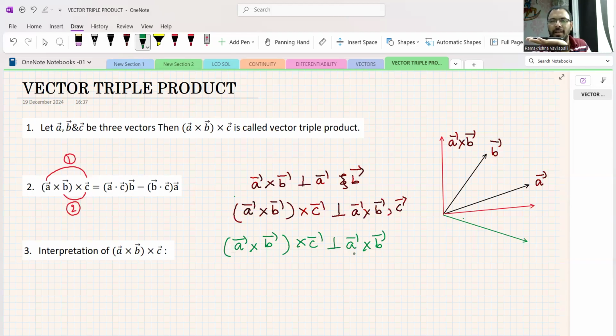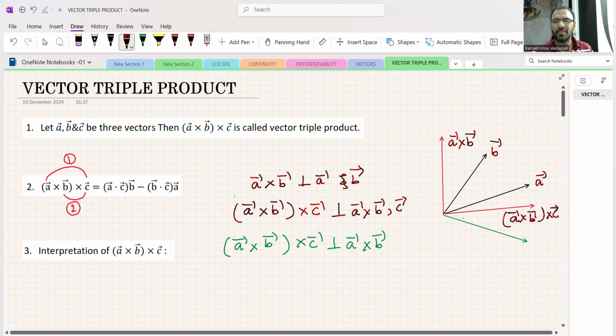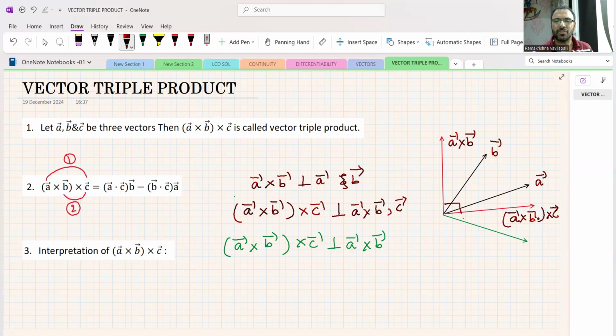So let us denote that this is A bar cross B bar cross C bar vector. This is a perpendicular, so it should lie in the plane of A bar B bar vector.